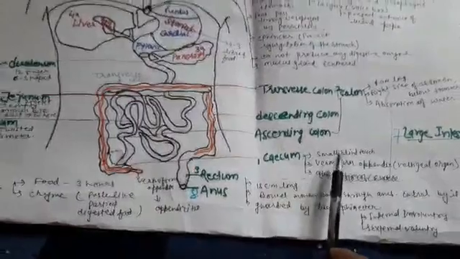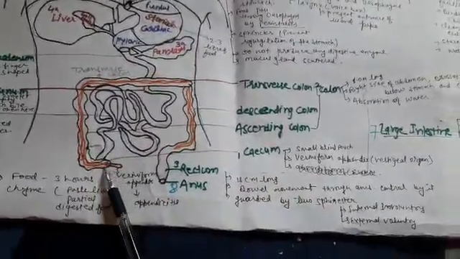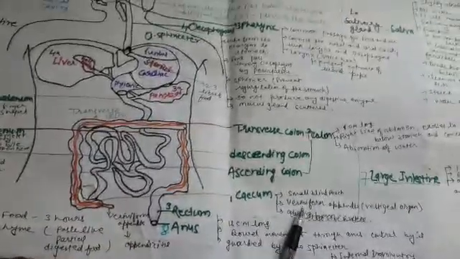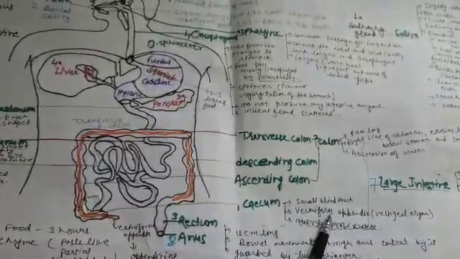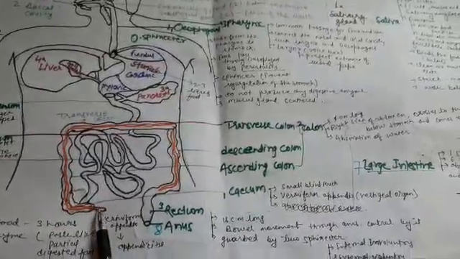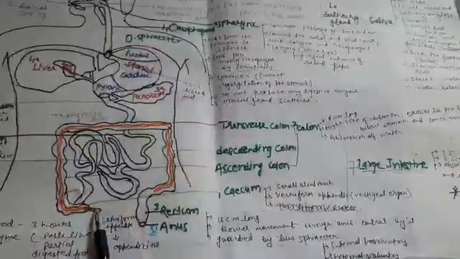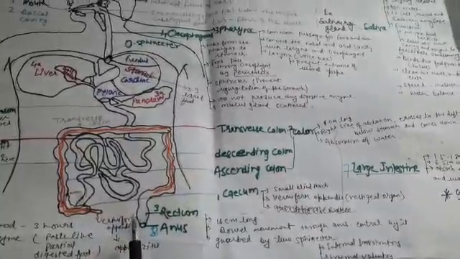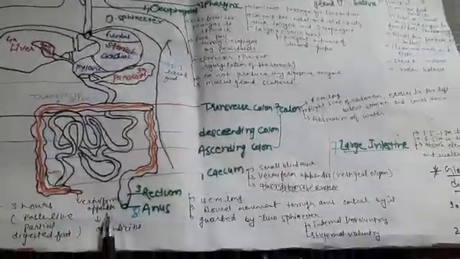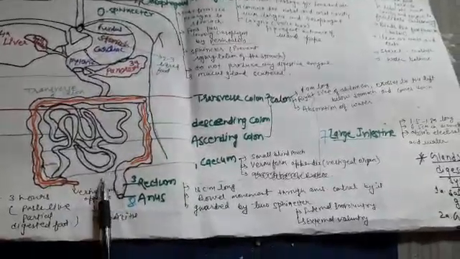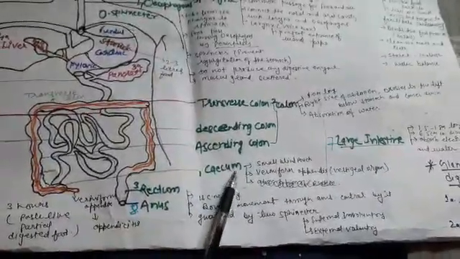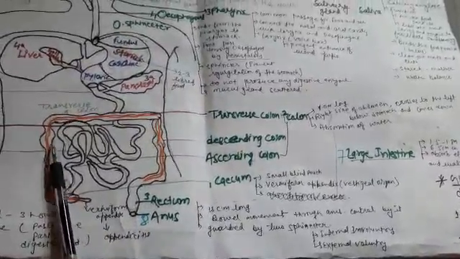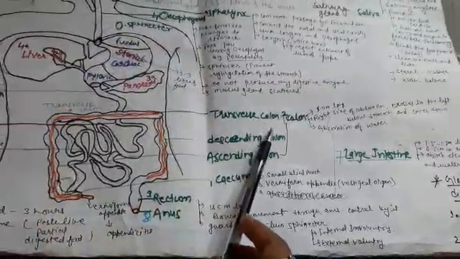What is the caecum? It is a small blind pouch because there is no opening here, and there is a vermiform appendix, this one, which is a non-functional vestigial organ, and swelling in the appendix is called appendicitis.